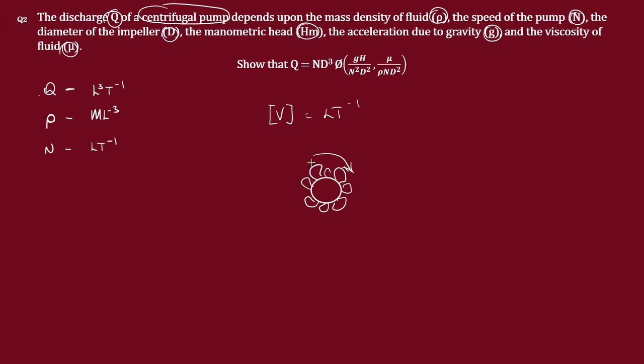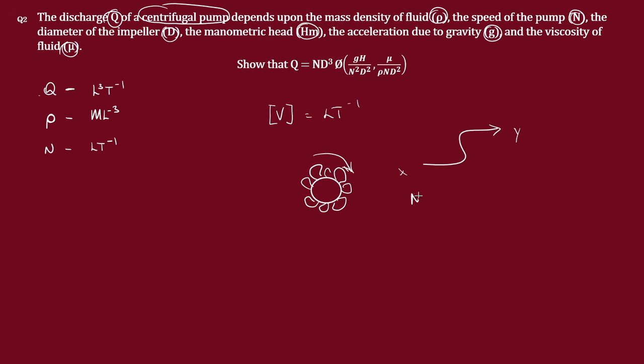So since this is a centrifugal pump, we are not dealing with linear pumps that could take water from, let's say, the borehole to an elevation or bring it from a tank down. So that's a linear pump that moves from X to Y, a certain point. But a centrifugal pump turns the fluid around an axis. So that means whatever speed we're dealing with when we're handling centrifugal pumps is going to be an angular speed.